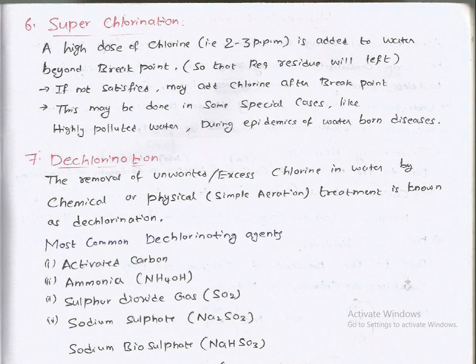Dechlorination is the removal of unwanted excess chlorine in water by chemical or physical means. Simple aeration treatment is known as dechlorination.